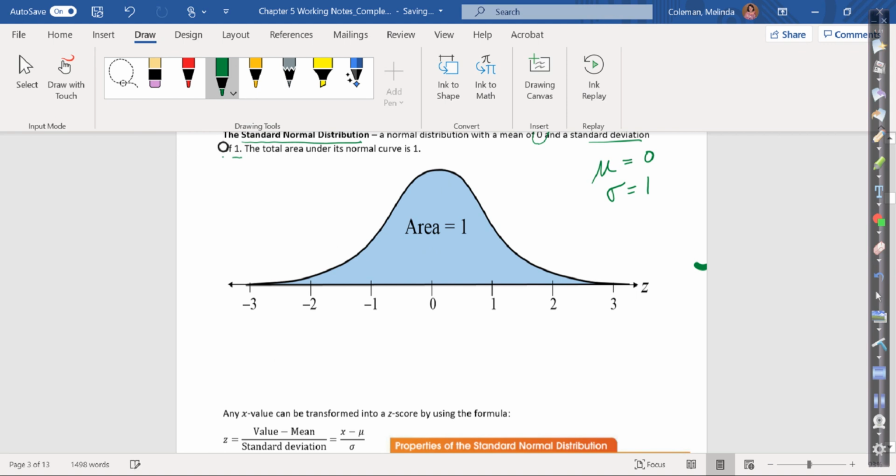The total area under the normal curve is still equal to 1. So we can still look at plus or minus 1 standard deviation, plus or minus 2 standard deviations. The area now is still 1. The mean is going to be 0.